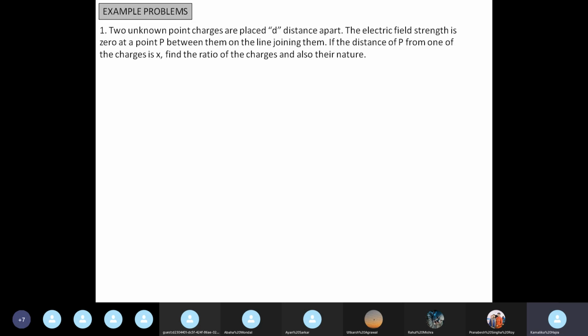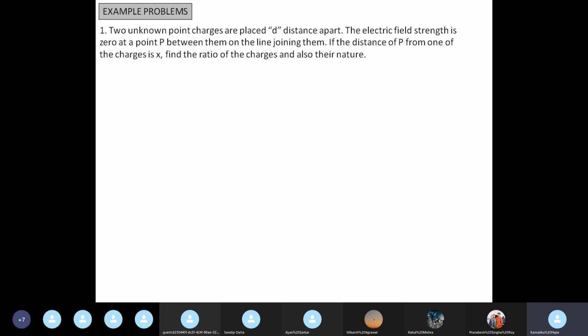First is this: two unknown point charges are placed d distance apart. The field strength is 0 at a point P between them on the line joining them. So if the distance of P from one of the charges is x, find the ratio of the charges and also their nature. This is a very simple problem.